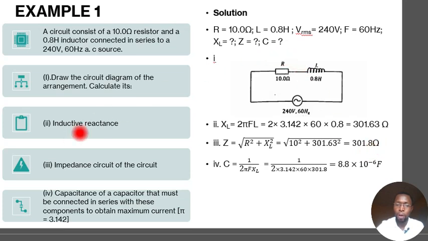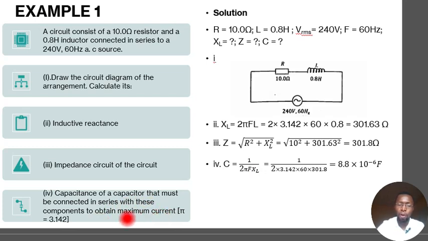And thirdly, we are made to calculate the capacitance of the capacitor. By formula, the capacitance is equal to 1 over 2 pi f Xc. But in this case, we have to obtain the capacitance when we have a maximum current.